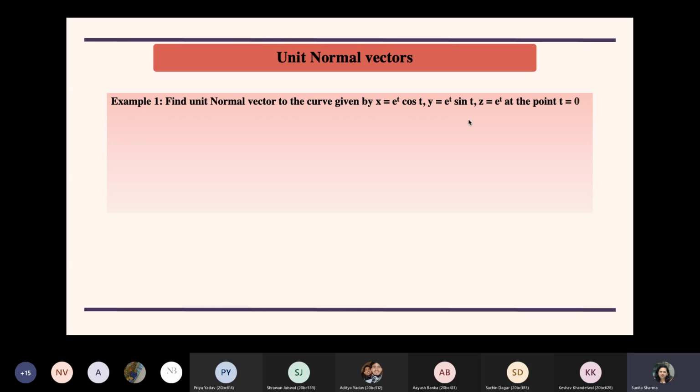So this is the same question. Now you have to find the unit normal vector to this. Okay, Ritti, can you tell how to solve this?